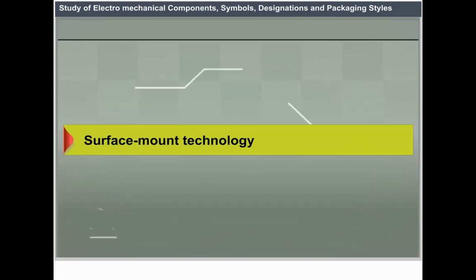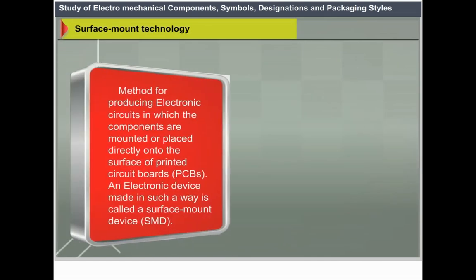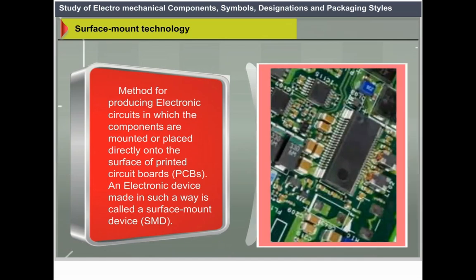Surface mount technology. A method of producing electronic circuits in which the components are mounted or placed directly onto the surface of a printed circuit board, PCBs. An electronic device so made is called a surface mount device, SMD.